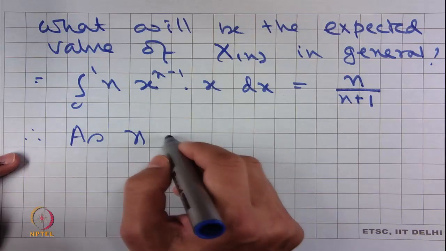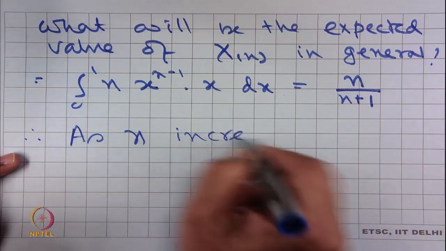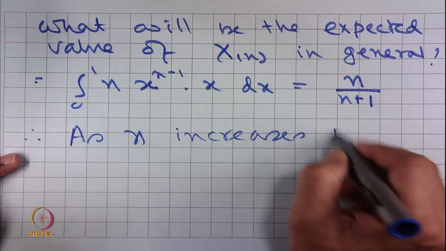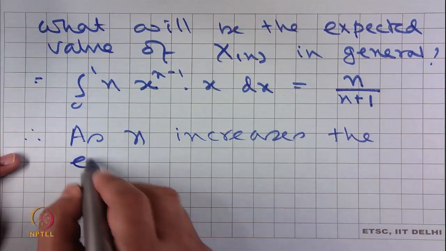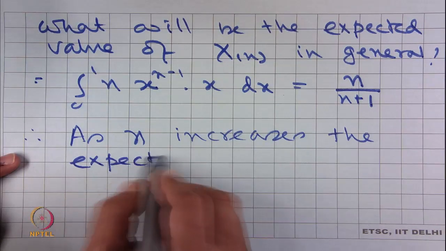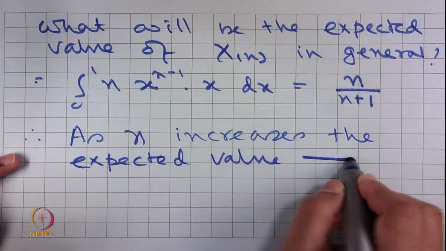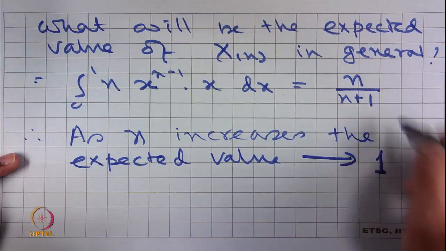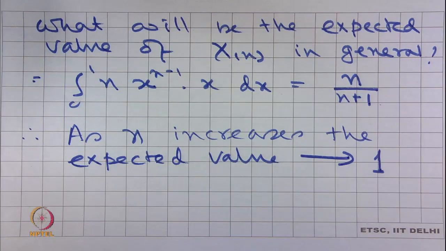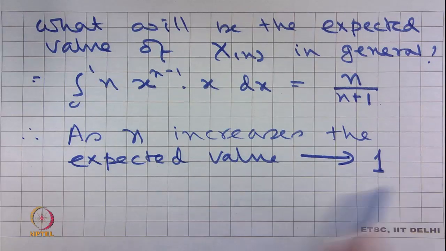As n increases, the expected value converges to 1, because n upon n plus 1, if you take n to be large, comes closer and closer to 1.